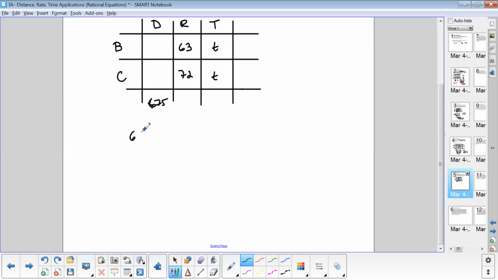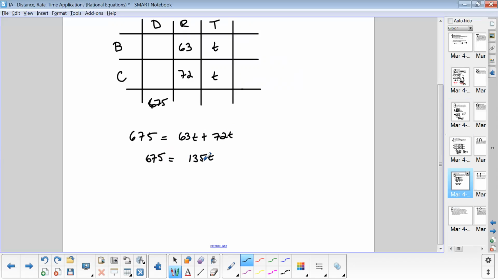So that just means that the total distance is equal to the bus rate and time plus the car rate and time. So that's going to be 135t is equal to 675.